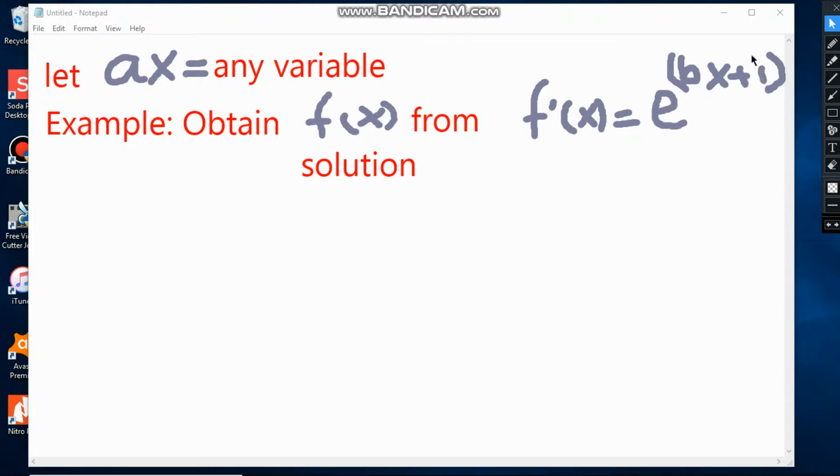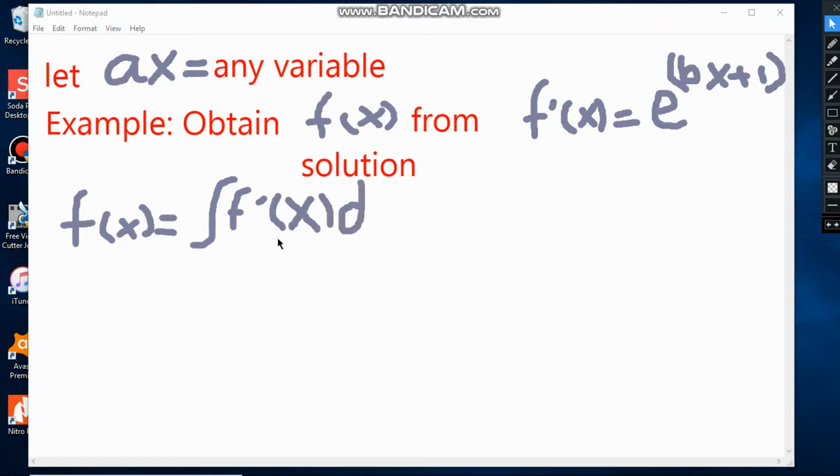It means we must let bx plus 1 be equal to any variable. In order to get f of x from f dash of x, we apply an integral. So f of x is equal to integral of f dash of x dx, which is integral of e raised to bracket bx plus 1 dx.